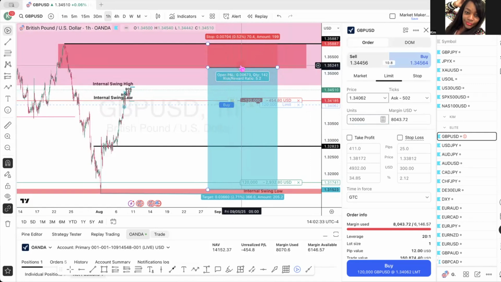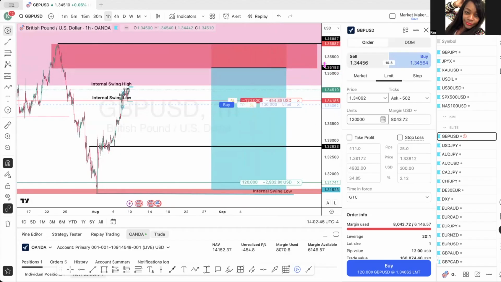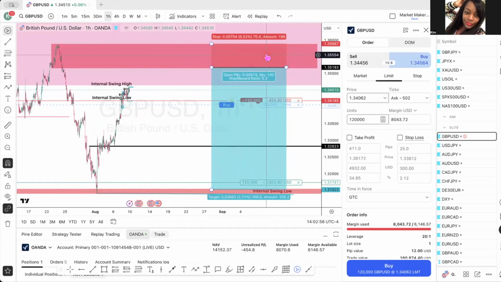Whenever I send this chart with this short position, this means we're looking for sells, right? The pricing should always be over here. This entry will be right here. This stop loss will be right here in red. Because this is in red, the stop loss should be right here.